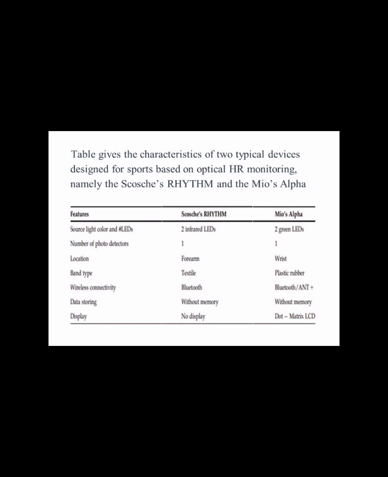First feature is the source light color and LEDs. Sochi's Rhythm has two infrared LEDs. Myo Alpha has two green LEDs. The number of photodetectors used in Sochi's Rhythm is one, and for Myo Alpha also the same.